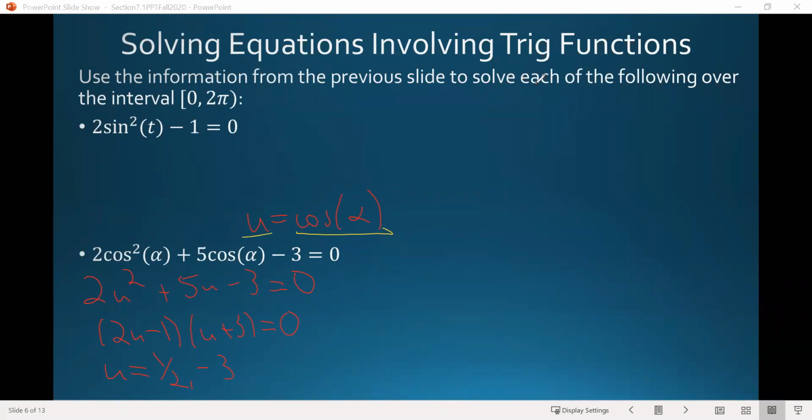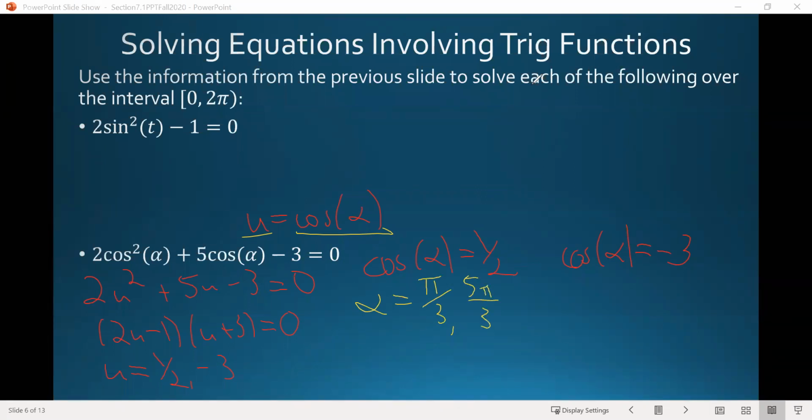We know that u equals cosine of alpha. So we can set up two equations where we have cosine of alpha equals 1/2 and cosine of alpha equals negative 3. And when we solve these, we know cosine is equal to positive 1/2 in the first and the fourth quadrants. So that would be at pi over 3, 5 pi over 3.